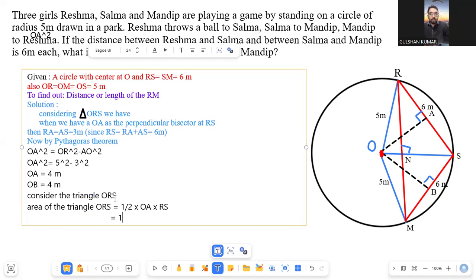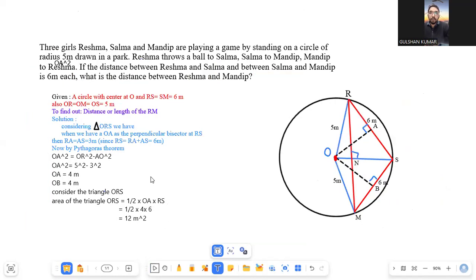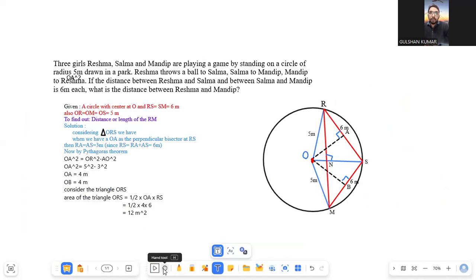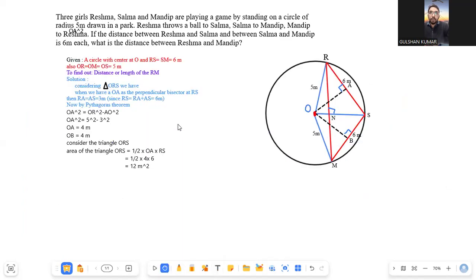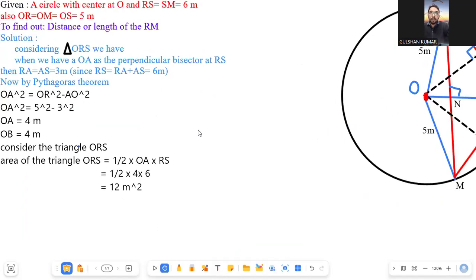That is half of OA, OA is 4, multiplied by RS, that is 6. So we have 12 meter square. That is the area of the triangle. So that we can write it clearly.